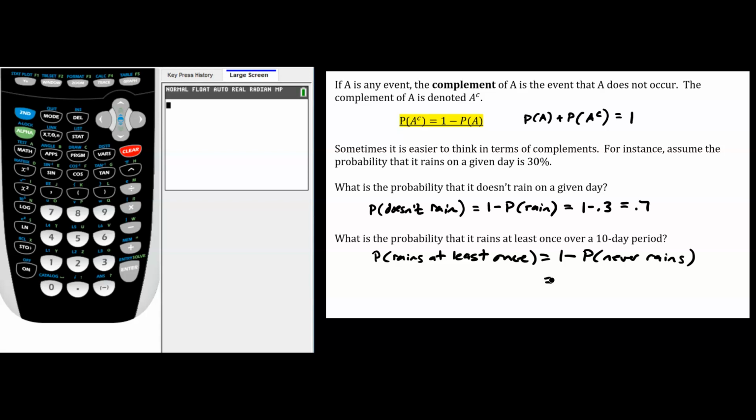And so to solve this, what we would actually do is the following. We would say 1 minus the probability that it would never rain on a given day, but then we would have to multiply that probability by the probability that it wouldn't rain on the next day, all the way through this 10-day period. So it leads us to 1 minus 0.7 raised to the 10th power.